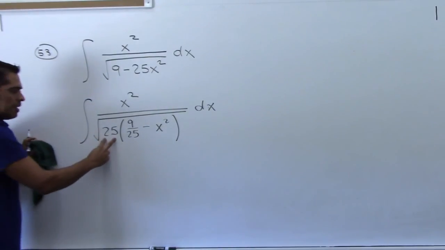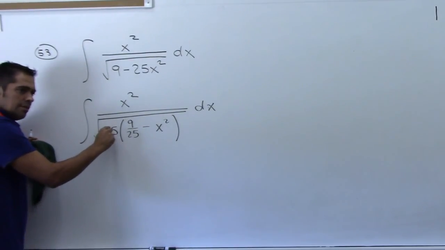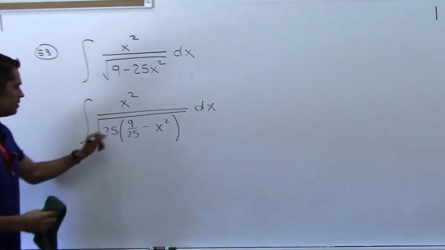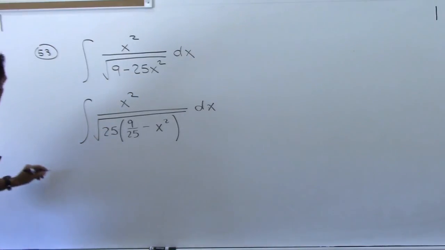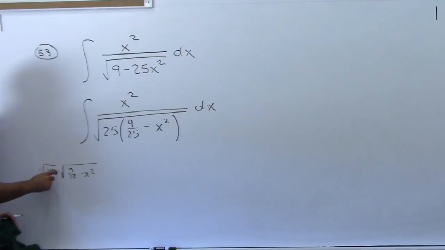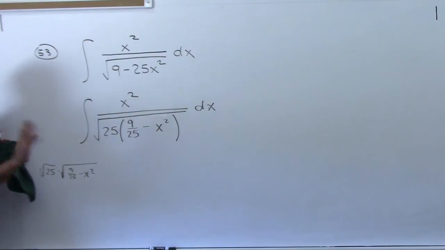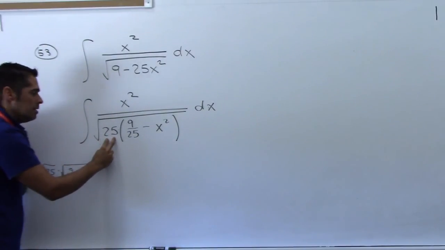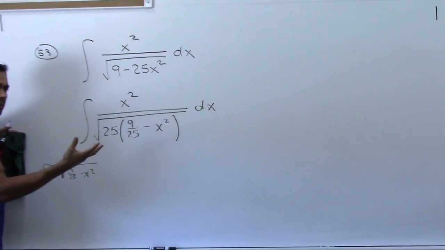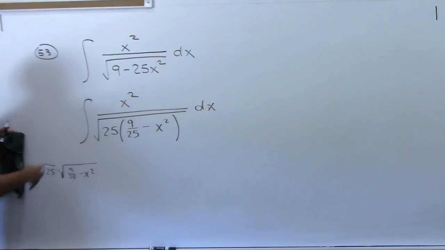And then this root 25, since that's multiplication, can actually come out as a square root 25, which is 5. Yes? Right, since that's times. I could break that into 2 roots, root 25 times root 9 over 25 minus x squared, right? That's the same exact thing. Then that root 25 on the outside is a 5. Had I factored out a 20, then I would pull out a root 20, because it's not a perfect square, but it's a constant, so it would just come out.